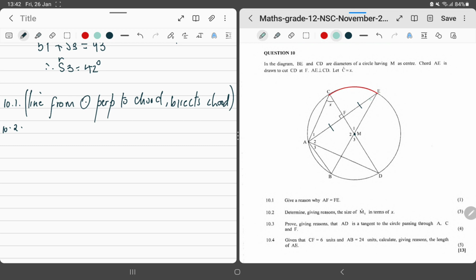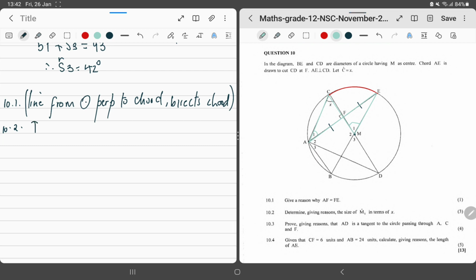The arc CE subtends M1 at the center. It also subtends A1 at the circumference. This means that M1 is 2 times A1 because it is the angle at the center, and it must be 2 times the angle at the circumference.